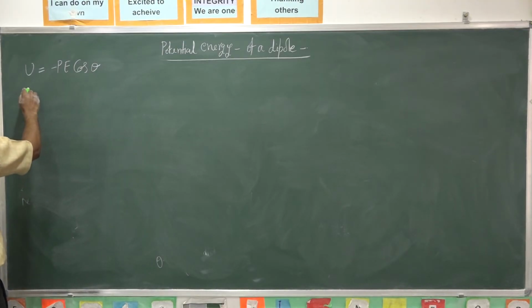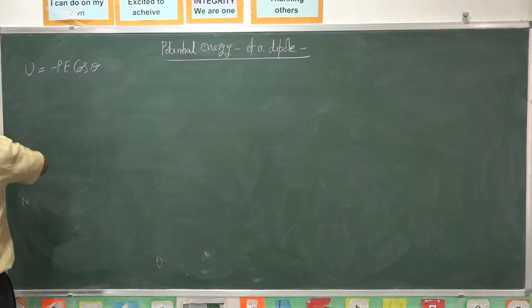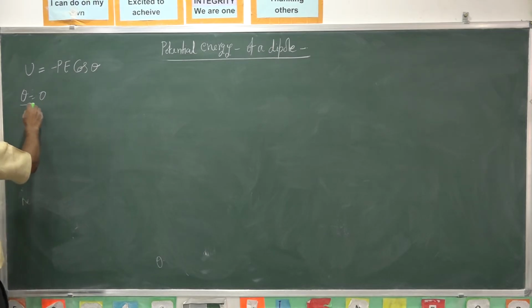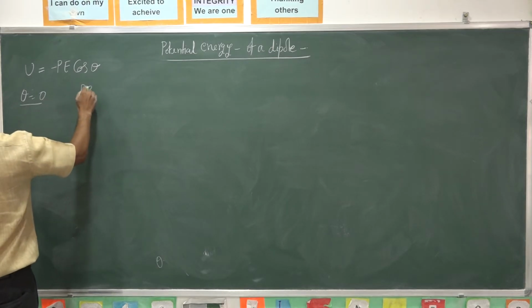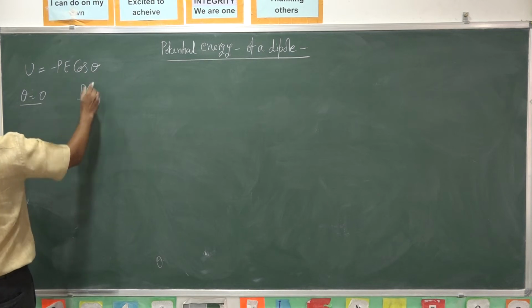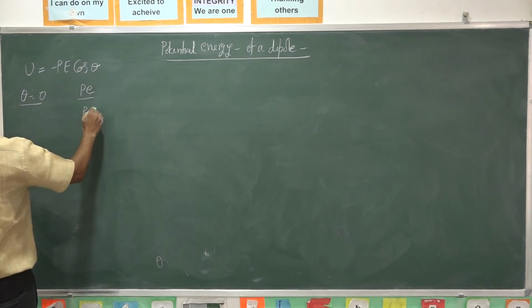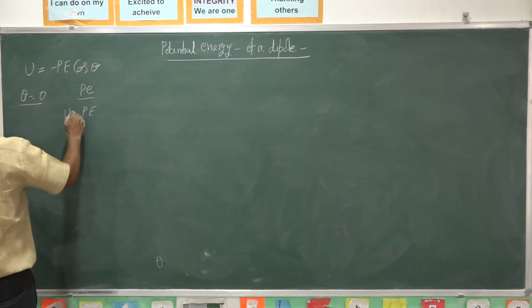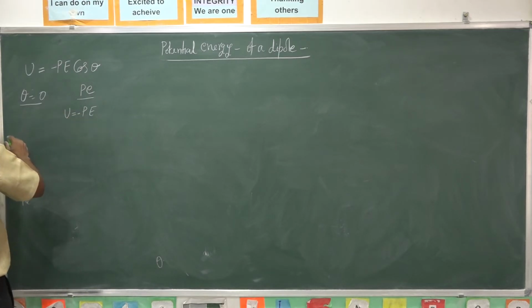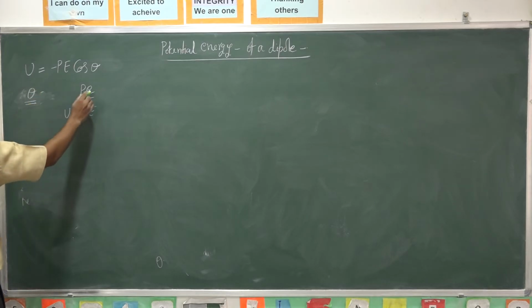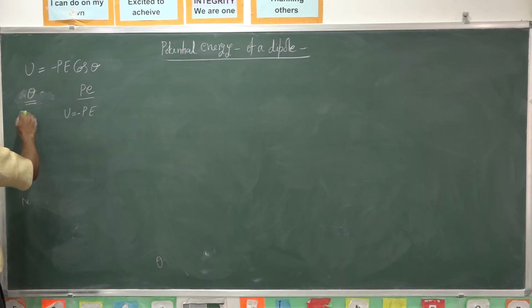The first case is theta equal to 0. Case 1, potential energy, by using this formula, you will get U equal to minus PE. The first column is the theta value, the second column is potential energy.